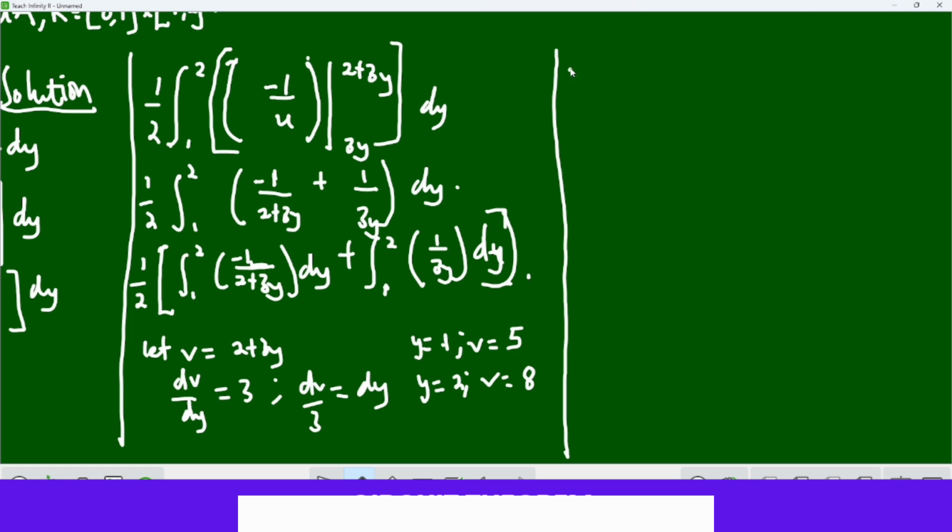So 1 over 2 and the integral, when y is equal to 2, we have the integral from 5 to 8 of negative 1 over v, and instead of dy, I multiply it by dv over 3.